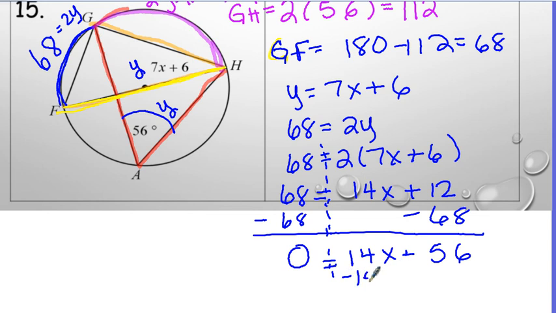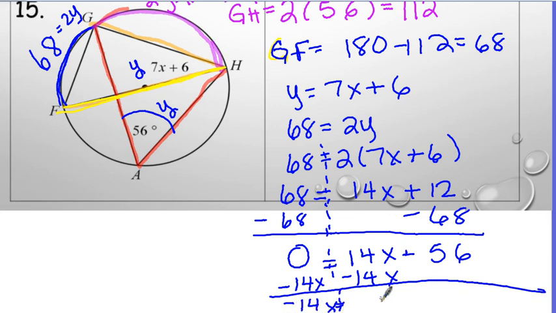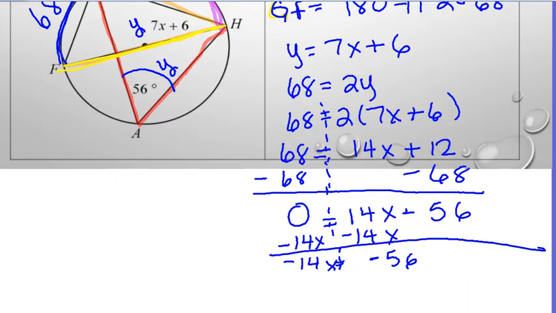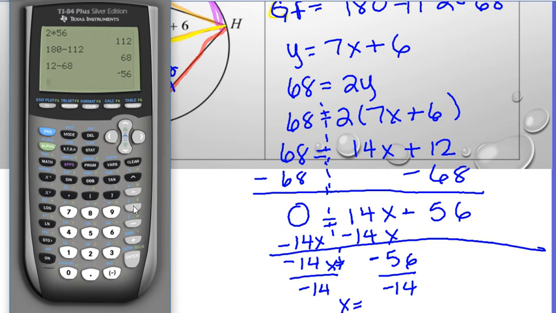And then my 14x is on the wrong side, so I'm going to switch over this line. Negative 14x equals negative 56. Divide by negative 14, divide by negative 14, x equals 4.